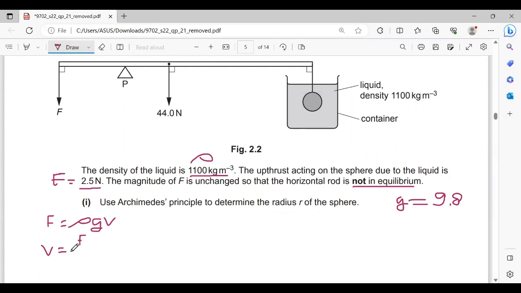With volume as the subject, volume equals F over rho times g, which is 2.5 over 1,100 times 9.8.